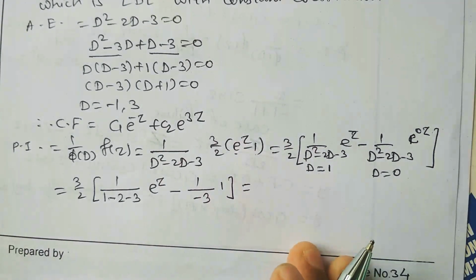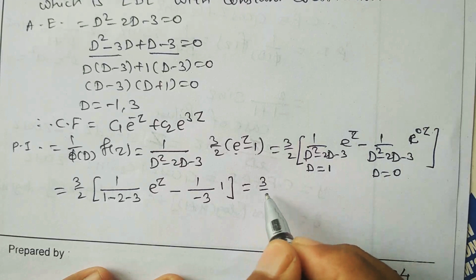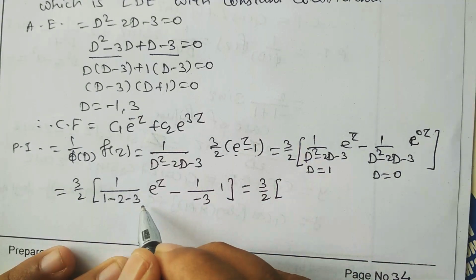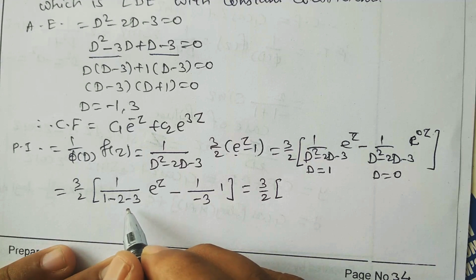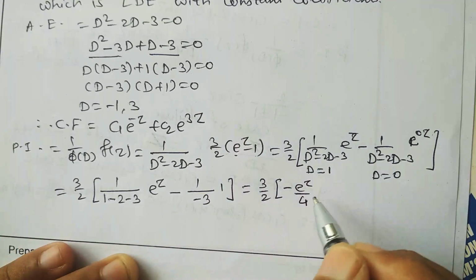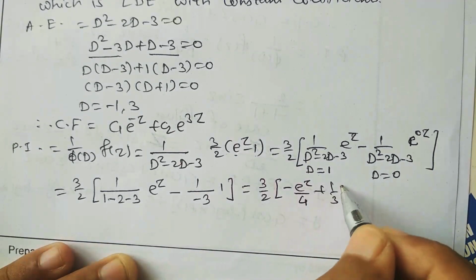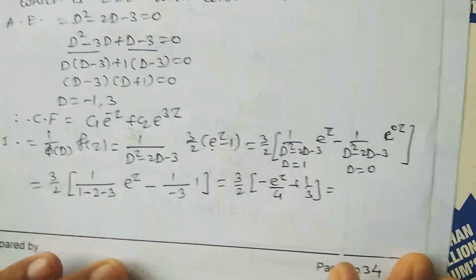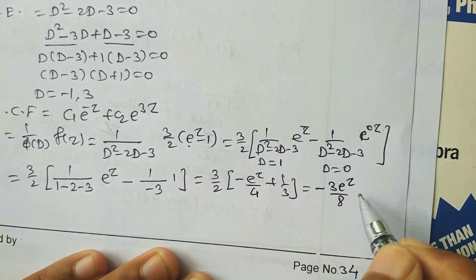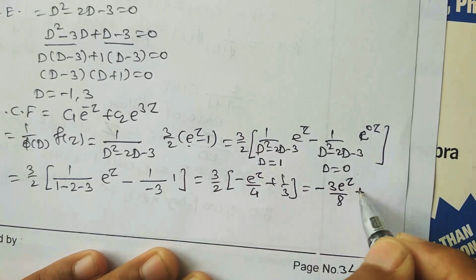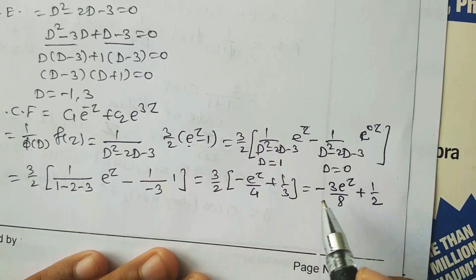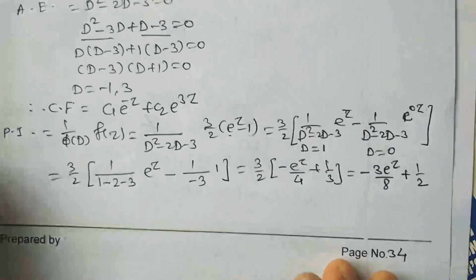This equals 3/2 in brackets 1 − 2 − 3, it is −4, so −e^z/4, and minus minus plus 1/3, so that is nothing but −3e^z/8 + 1/2. So this is our particular integral for the given differential equation.